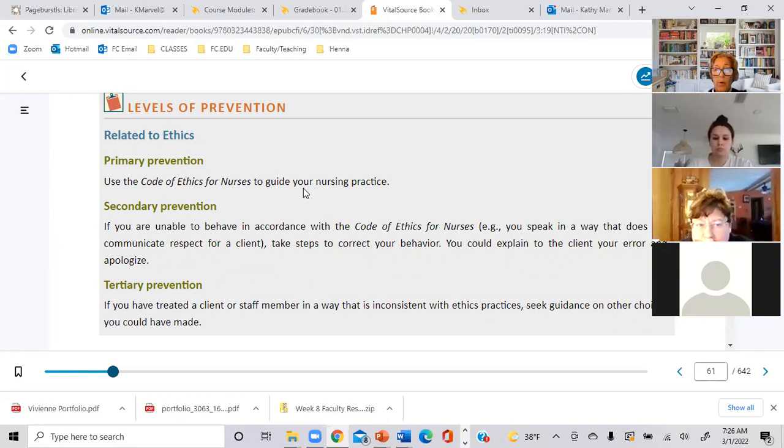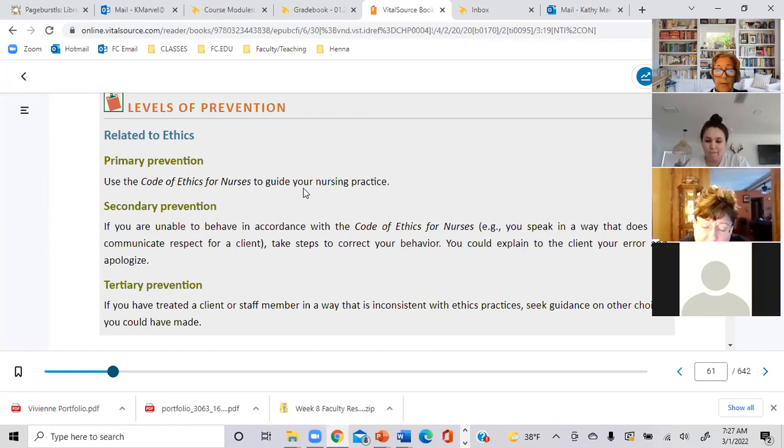What's the other big word we talk about in primary? Prevention, preventative. Exactly. So if you need to be aware of your code of ethics, and if you're practicing within your code of ethics, then you're preventing any possible issues of practicing outside your scope of practice.